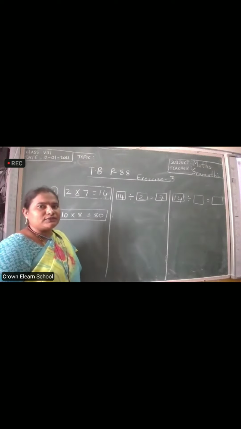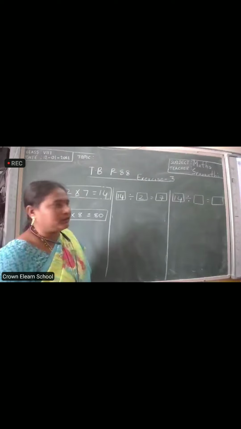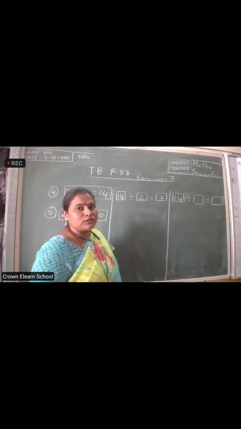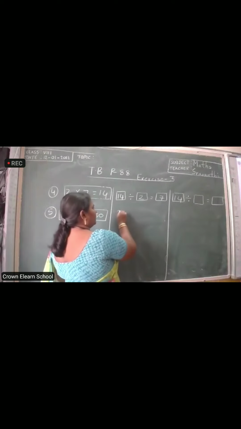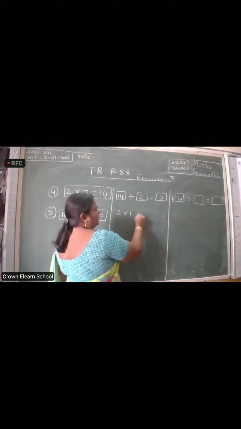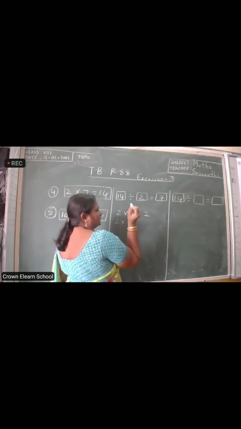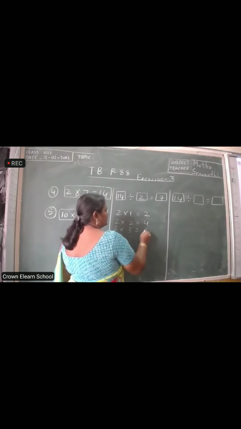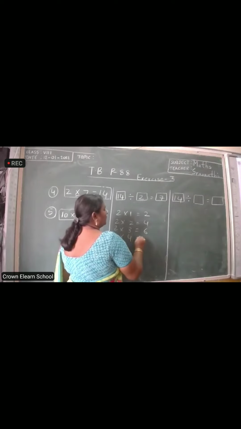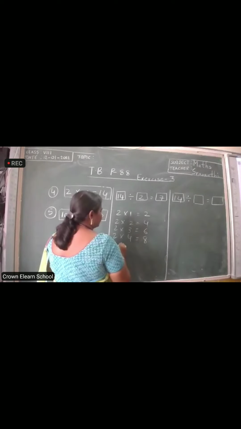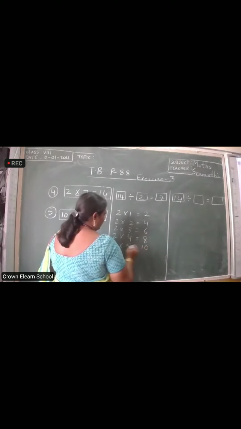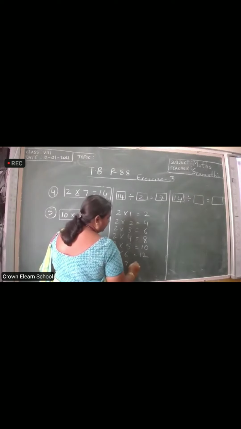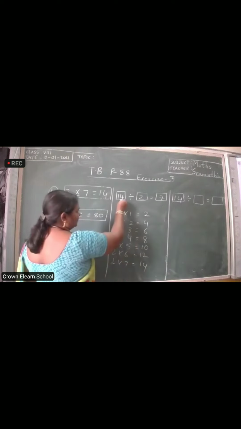Okay? After writing that, just read 2 tables. 2 tables till you get 14. Read 2 tables. 2 ones are, you don't write this. Just reading. You read, I will write on the board. 2 twos are 4. 2 threes are 6. 2 fours are 8. 2 fives are 10. 2 sixes are 12. 2 sevens are 14. 14.